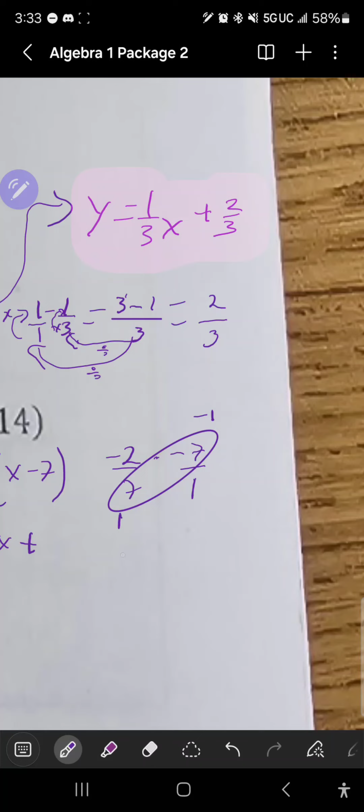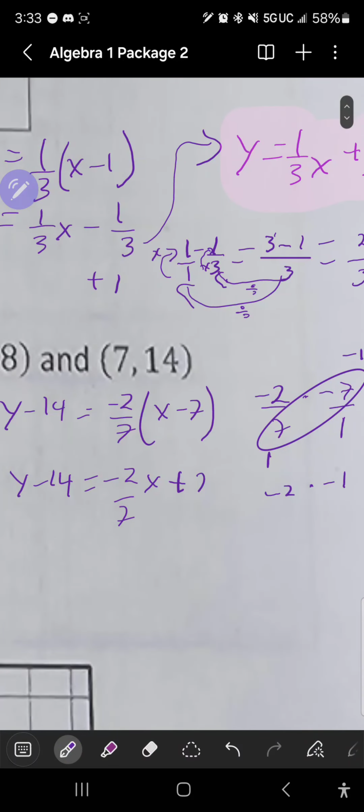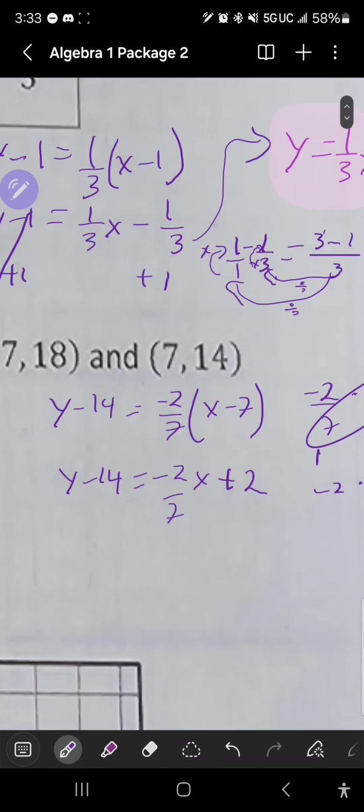So this is basically negative 2 over 1 multiplied by negative 1 over 1. Since both denominators are 1, they don't make a difference. Any number divided by 1 is the same number, and negative 2 multiplied by negative 1 is just positive 2. Now we add 14 on both sides. This cancels out and we get that y equals negative 2 over 7 x plus 16.